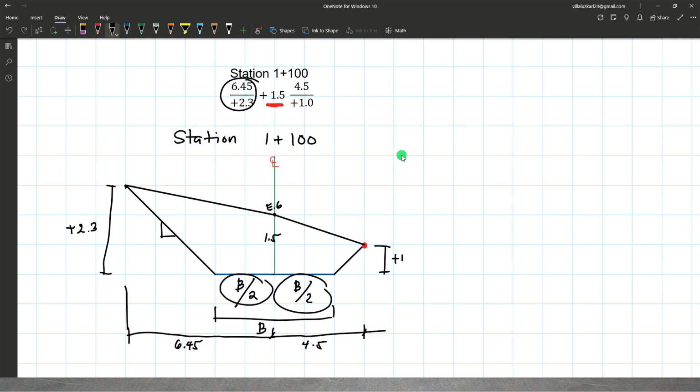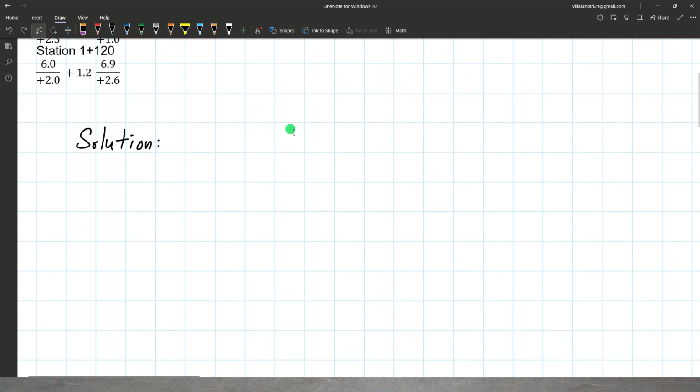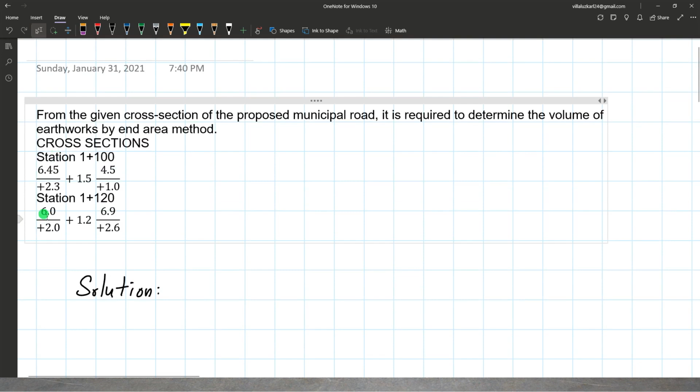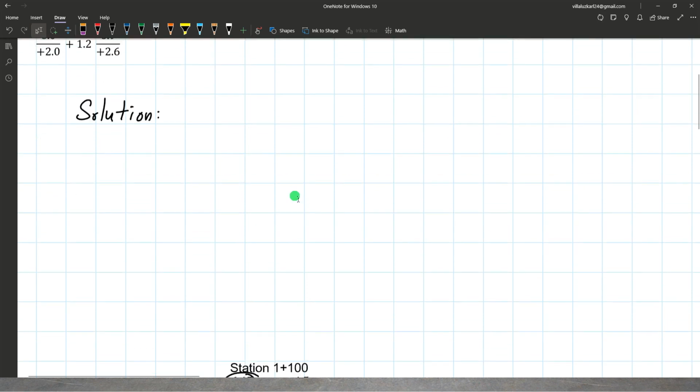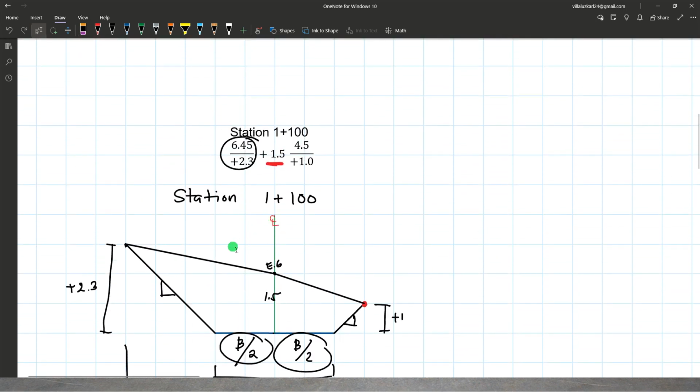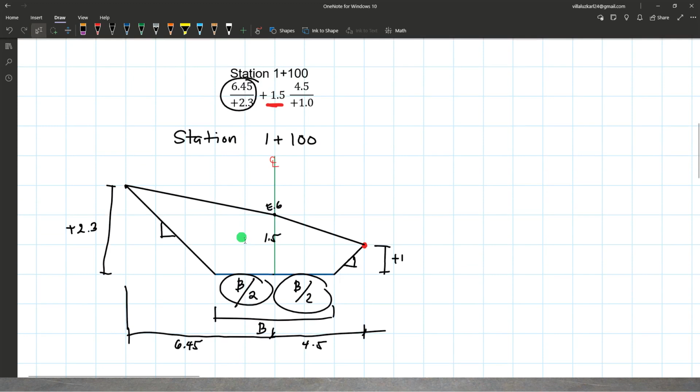It means that the slope at any station is always the same, so the side slope at the next station, station 1 plus 120, is also the same as the slope at station 1 plus 100. Also, the slope on the left side and on the right side of the cross section is the same.